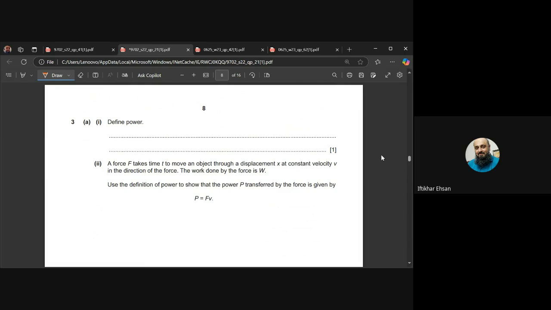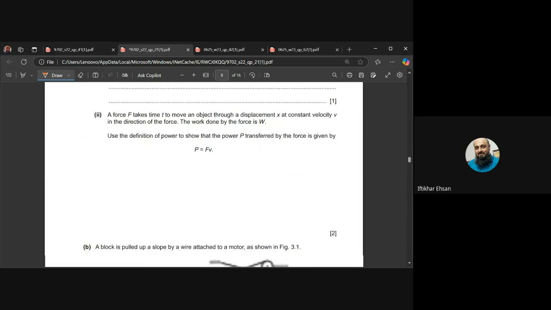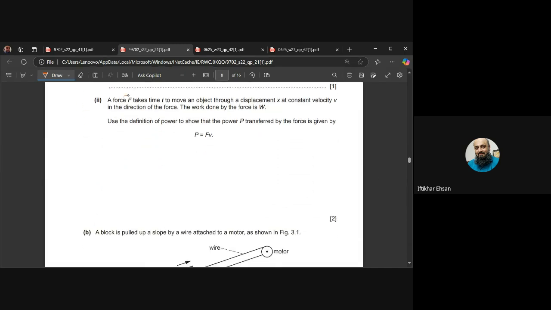Okay. Define power: rate of doing work, rate of transfer of energy, right? A force F takes time t to move an object through a displacement x at constant velocity in the direction of force. The work done is W. Use the definition of power to show the work done is this.